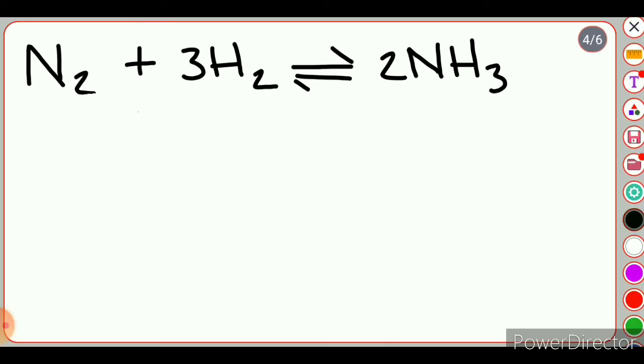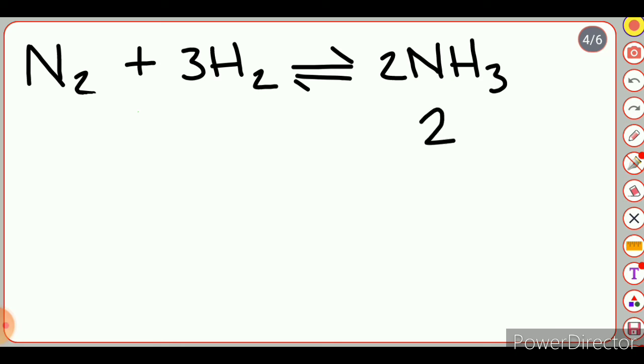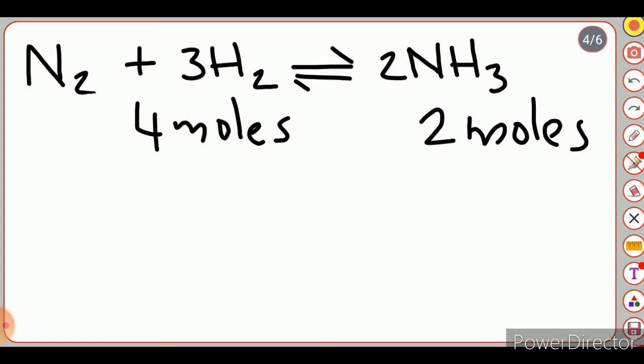Now we are going to change the pressure of the system. Let's look at the number of moles on the reactant side and product side. On the product side, we have 2 moles, and on the reactant side we have 3H2 plus 1N2, that is 1 plus 3, we have 4 moles. So increasing the pressure means we are favoring the side with fewer moles, and decreasing the pressure means we are favoring the side with more moles.